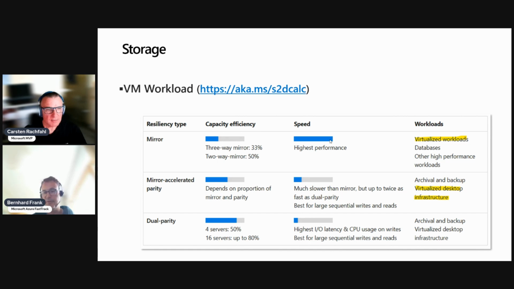However, dual parity, I would not recommend for virtualized workloads. It seems to be supported, but not so much for virtualized workloads. The problem is not the reads, the problem is the random writes, because dual parity calculation costs CPU cycles.